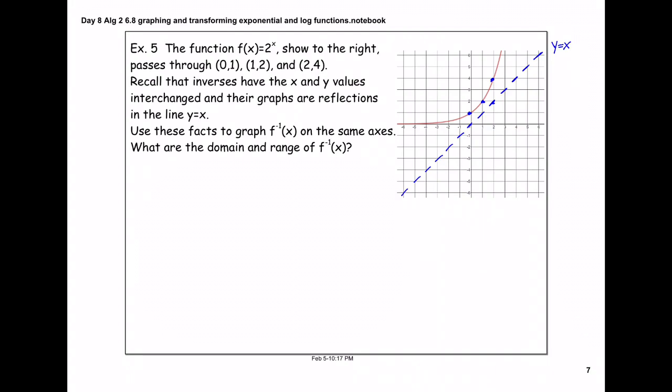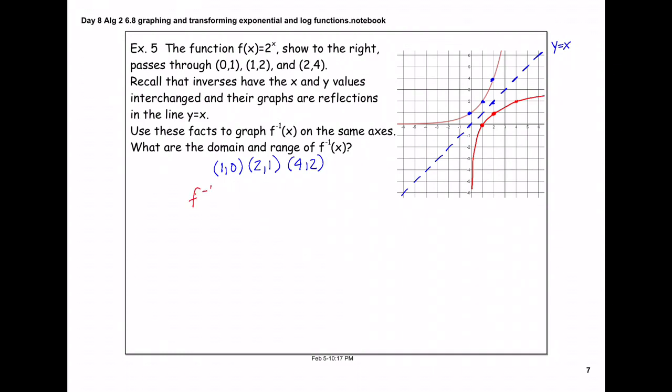So we can either look at our ordered pairs and switch our x and our y values to graph our function, or we can simply draw the line y equals x and reflect our points over that line in order to graph our inverse function.